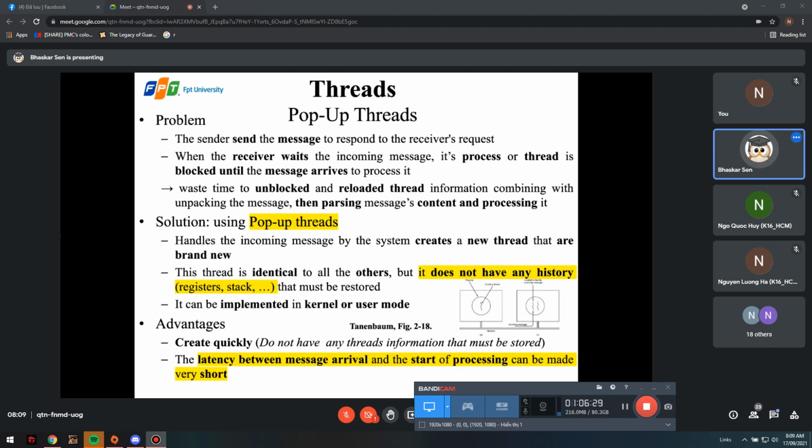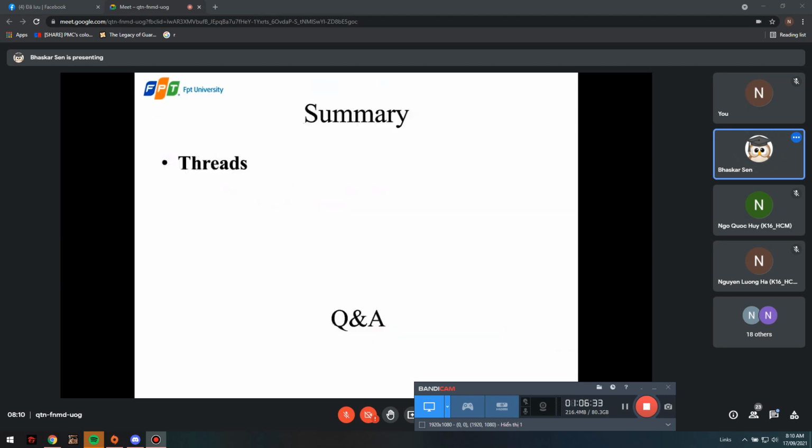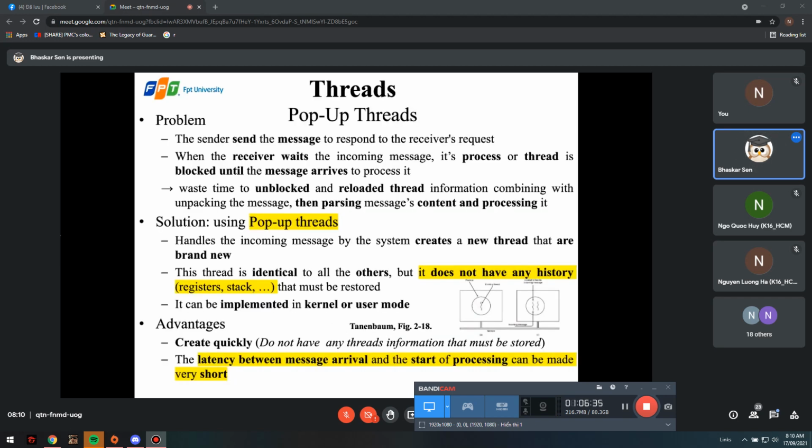The most important thing is acknowledgement. Okay, so that brings us to the end of this thread part. In short, the things that we studied. What is a thread? The thread model, essentially talking about what they share with their parent process and what they have on their own.